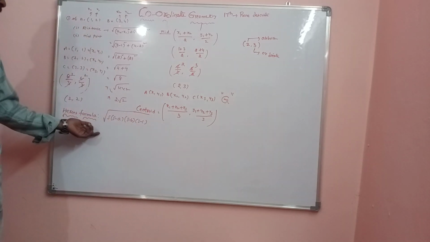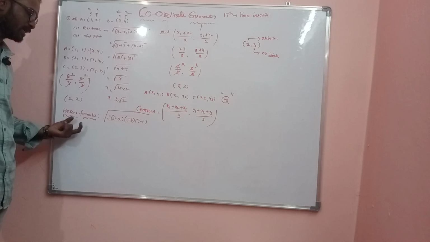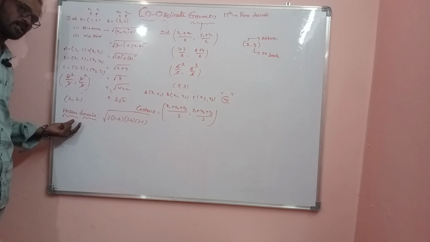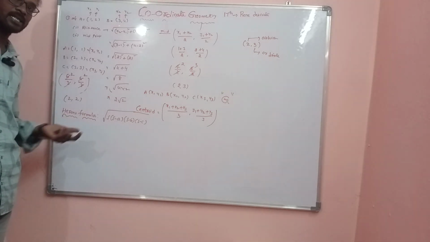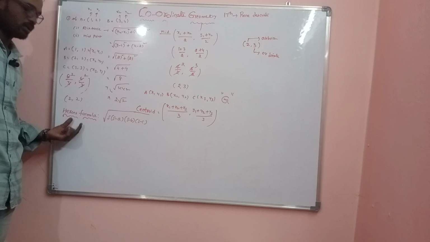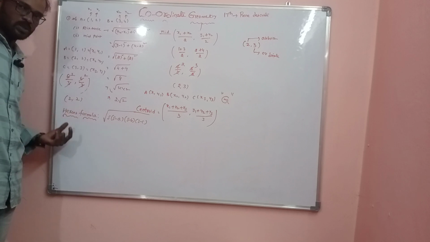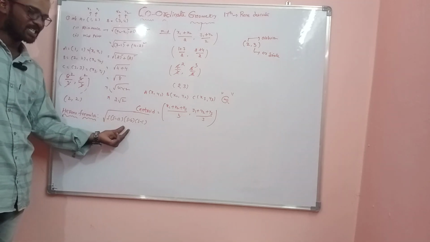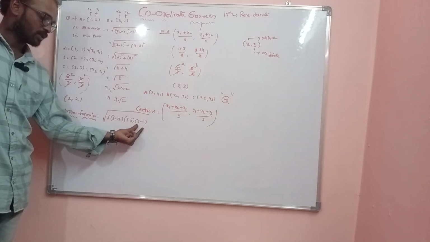This is the formula for Heron's. You can use this formula to find the area of a triangle. If we are asked in the examination to find the area of a triangle, you can use Heron's formula, and we can use this formula only.